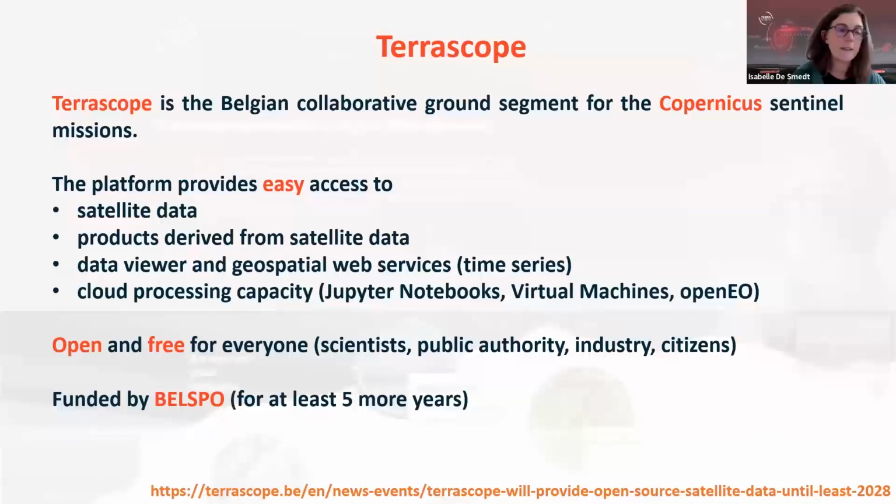The access is open and free for everyone: scientists, public authorities, industry, citizens. This platform is funded by BELSPO, and we know that it will be funded for at least 5 more years, which is very good news.